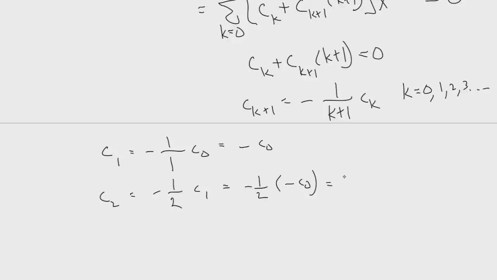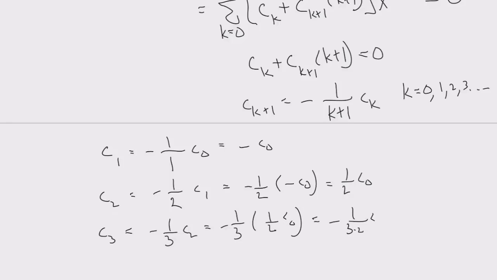So that's just 1/2 c0. c3 would be negative 1/3 c2, which is negative 1/3 times 1/2 c0, which is negative 1/3 times 2 c0, or negative 1/6 c0.